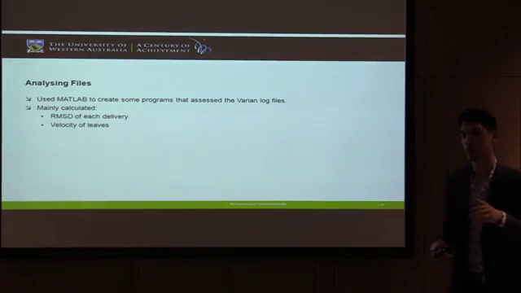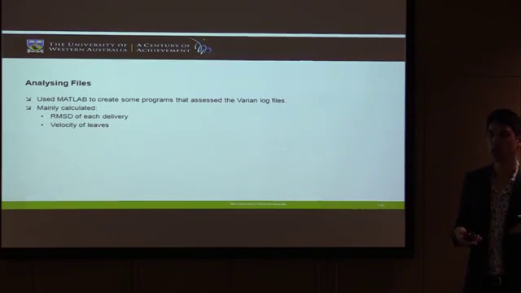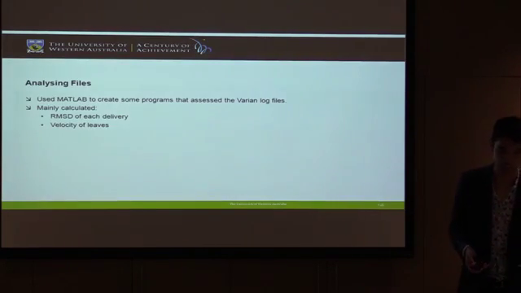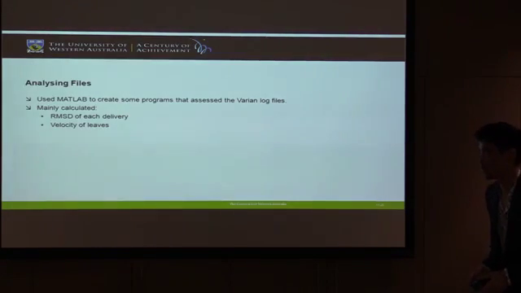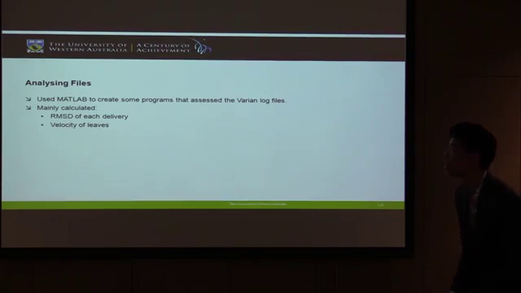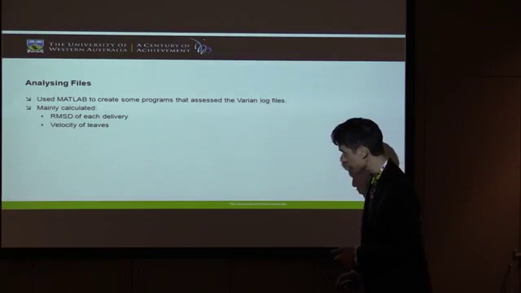So each delivery was assigned one value of the root mean squared deviation, just so that it's easier to look at in the end. You lose information, but it's fine as a broad metric. And also the velocity of the leaves: you know the position values, you know the time steps between them, so you can easily pull up how fast they were moving.